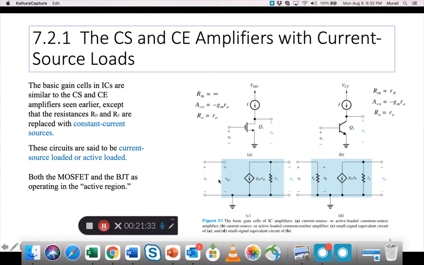Here we don't have an R input, it's actually infinity, because the gate, we know, has no current in it ever, the gate circuit. So it's like an open, hence the R input is infinity. Here R input is R pi, right? So this is open.